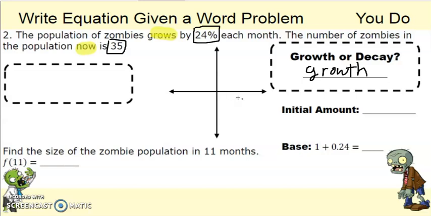Next, we will identify our givens and our unknowns. The population is now 35. So we'll say that's the initial amount. The base is 1.24. It grows, so we're going to sketch a graph of a growth.